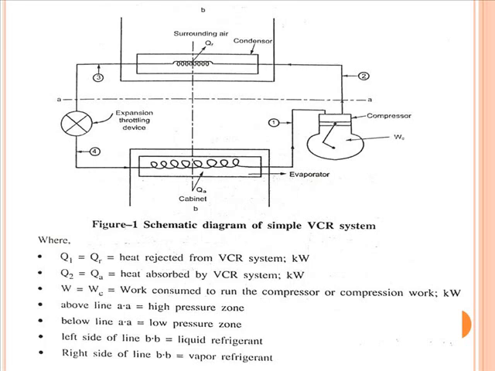Now the expansion device is available between state 3 to 4. So the expansion device is the device in which the expansion of the refrigerant is observed. It is an isenthalpic process, and in detail we will discuss when we go for the expansion process in detail.